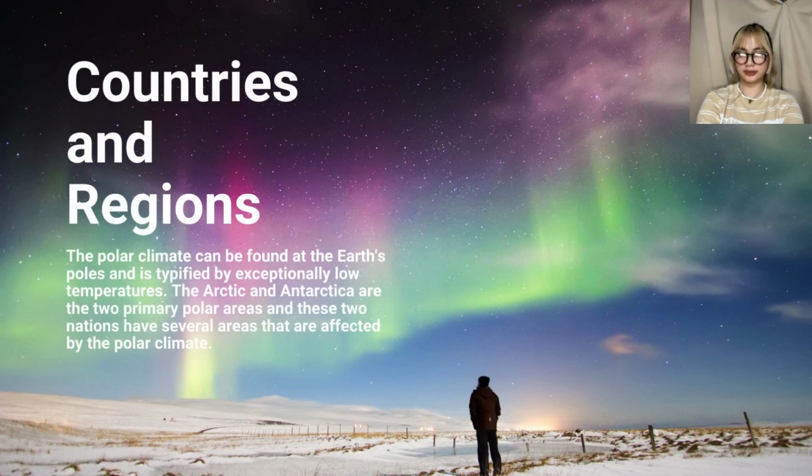The polar climate can be found very close to or basically at the Earth's poles and is typified by exceptionally low temperatures. As previously mentioned, the Arctic and the Antarctic are the two primary polar areas, and several nations have areas that are affected by the polar climate.